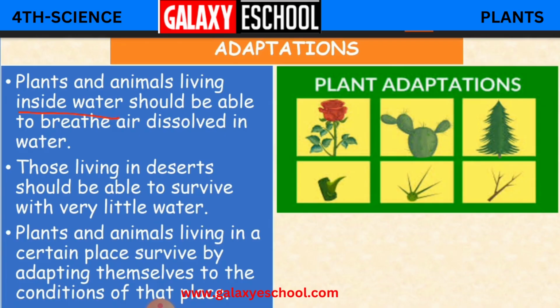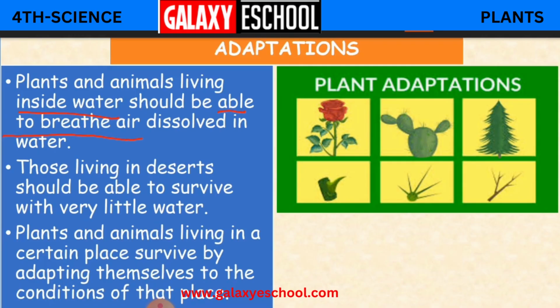Suppose a plant is growing in water, it should be able to breathe air, because air is very much necessary for a living thing to live. Unless and until we breathe air, we cannot live. So even a plant has to breathe air.